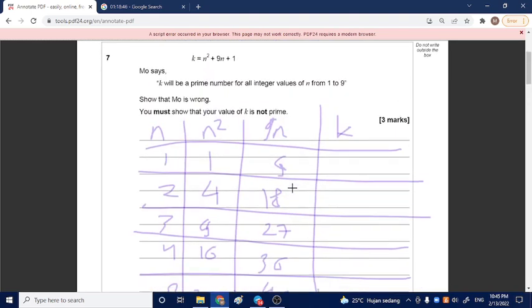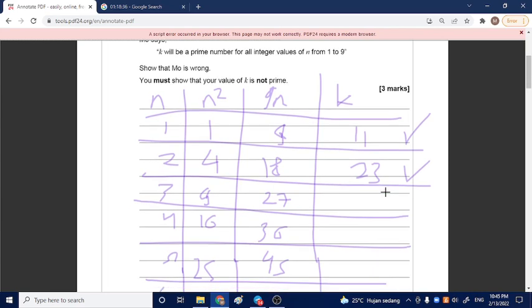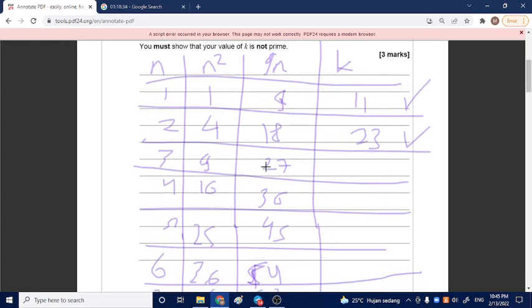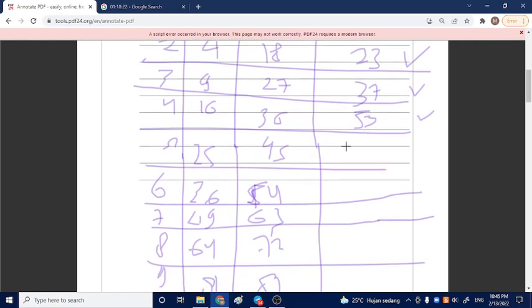So if we sum this plus 1, this would be 11, 23. This is prime. 9 plus 27 is 36, plus 1 is 37. 16 plus 36 plus 1 would be 53. That is also prime. This is 71, also prime.